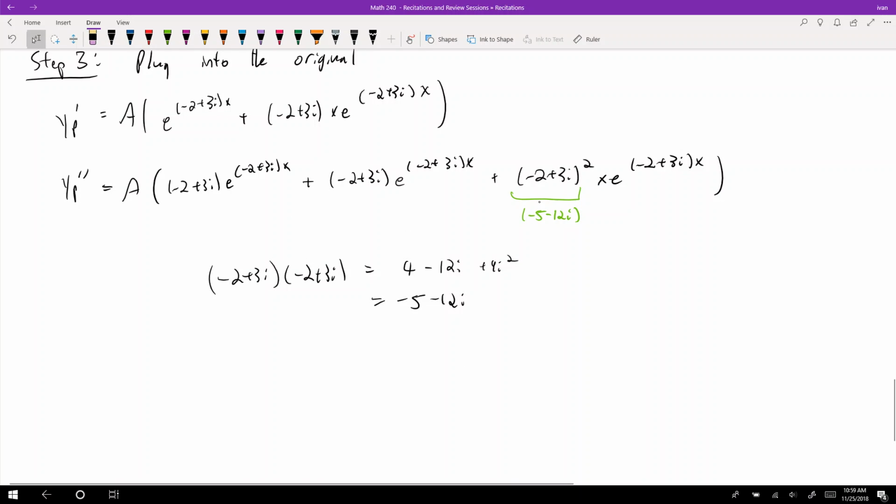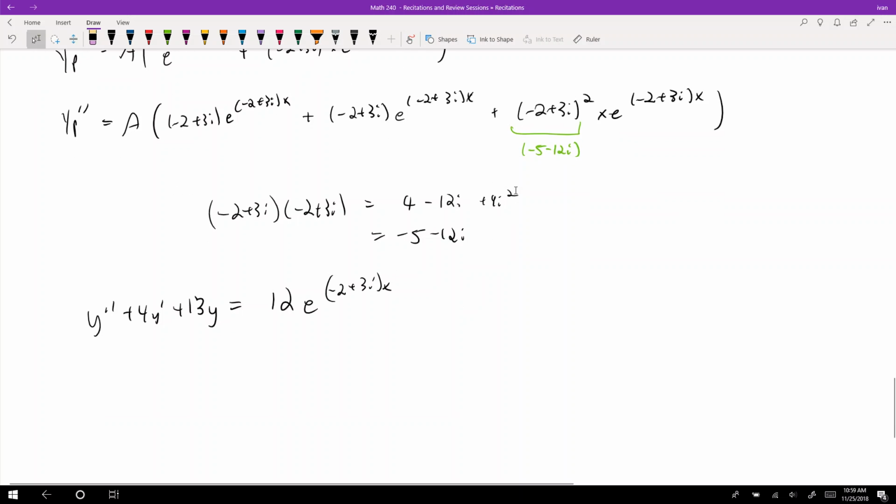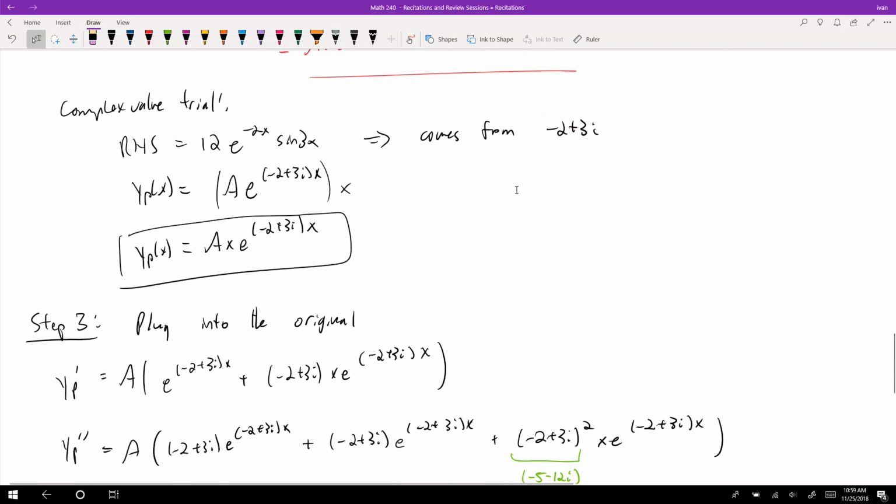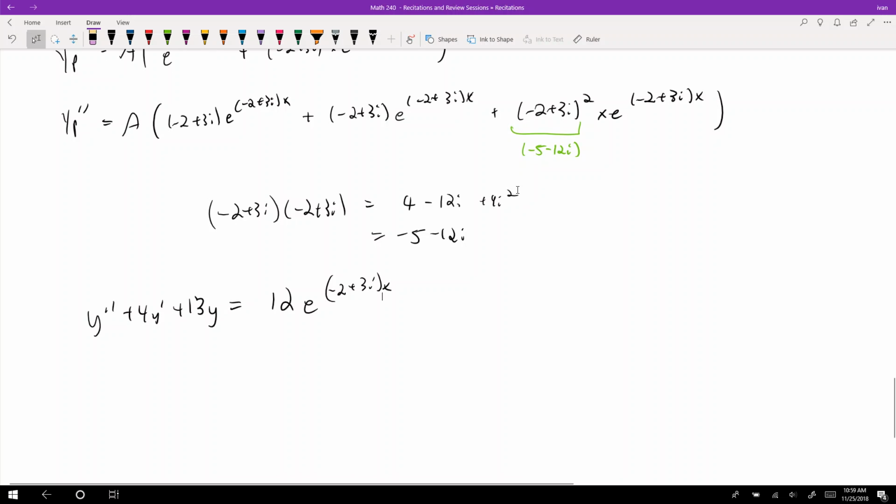So now my original equation was y double prime plus 4y prime plus 13y is equal to 12. Remember, we rewrite the right-hand side as e to the negative 2 plus 3i x. Now we plug it in. yp double prime is up here, and you'll notice these two terms are the same thing, so we can combine them.